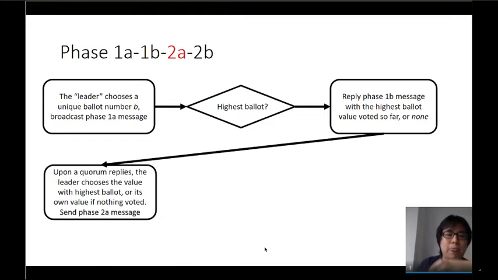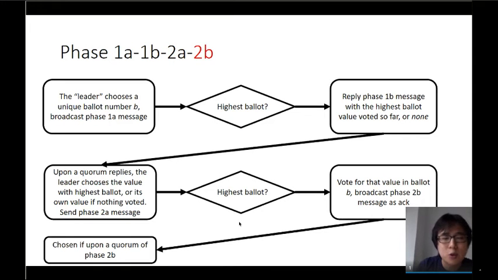Upon receiving a quorum of phase 1B messages, the initial acceptor will choose the value from the replies with the highest ballot. If nobody has ever voted before, it can choose its own value. And with that value, it sends a phase 2A message.